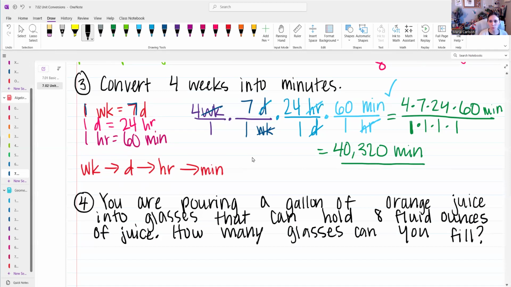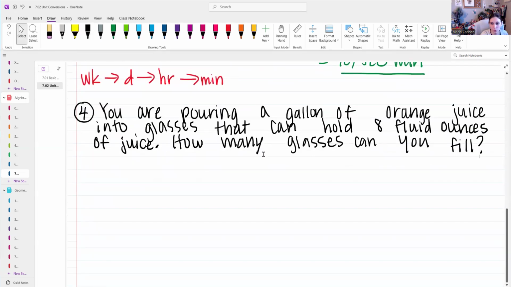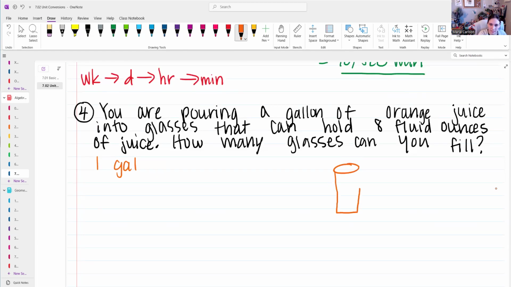Okay, so we're pouring a gallon of orange juice. We currently have 1 gallon, and we're going to be pouring it into these cups, these glasses. And 1 glass will hold 8 fluid ounces.